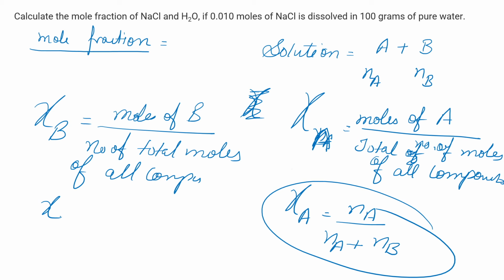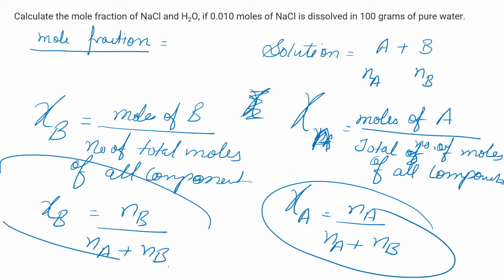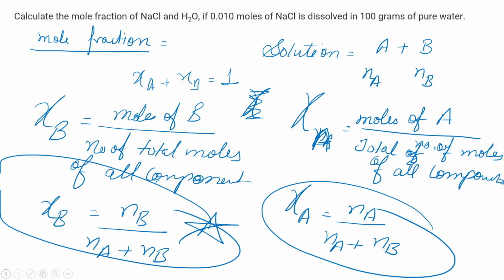So mole fraction for the component B is equal to number of moles of B divided by number of moles of A plus number of moles of B. So this is how you calculate the mole fraction of components present in a solution. And also, please note that mole fraction of all the components gives you a value of 1. Mole fraction of A plus mole fraction of B will give you a value of 1.